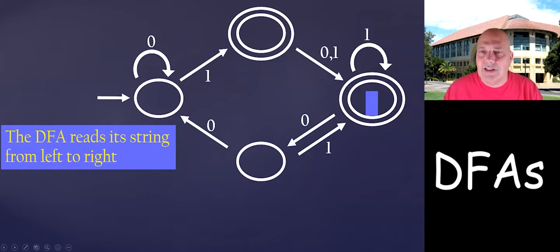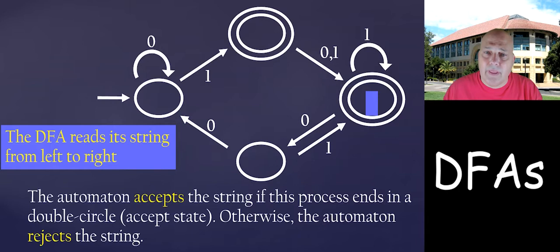And since we ended the computation in an accept state, we are accepting this string. And if we read the sequence and we got to a state that is not an accepting state, then we reject this string. So this is the computation, accepting or rejecting strings.